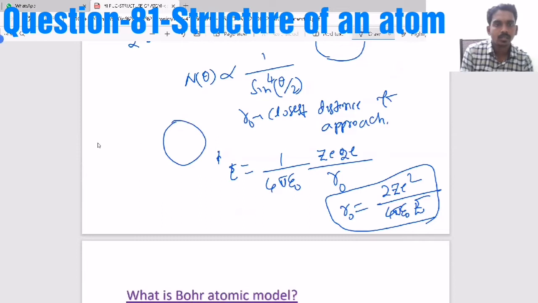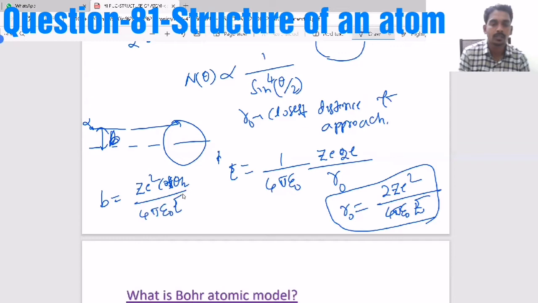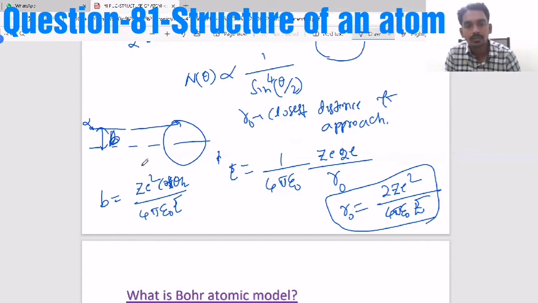Or sometimes they can ask a question like this: if this is the central line and the alpha particle is going towards the nucleus at a perpendicular distance, then this is called the impact parameter. The impact parameter formula is Ze squared cot(theta/2) by 4 pi epsilon naught E. Just remember, the initial direction of the alpha particle has some perpendicular distance from the central axis of the atom.